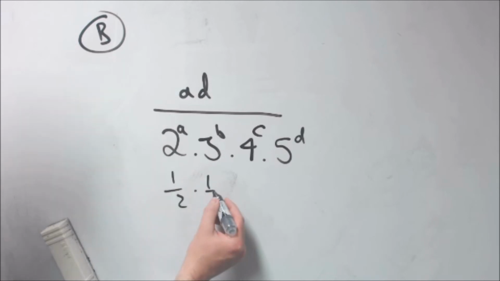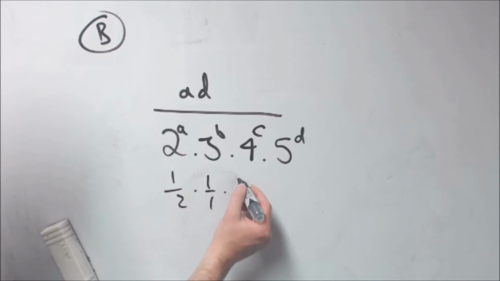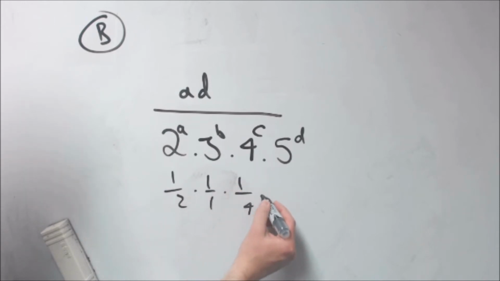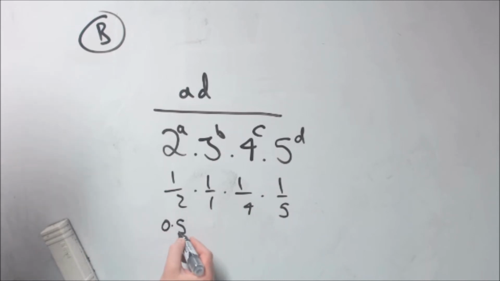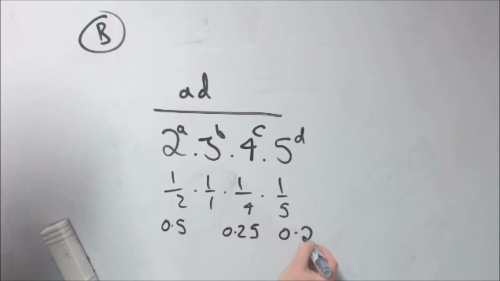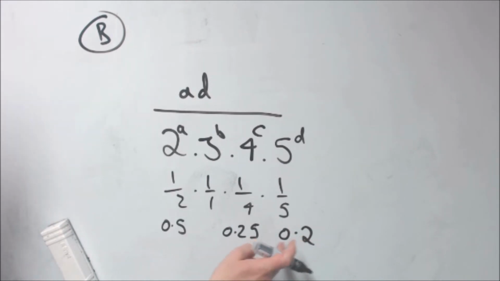0.5 if you like, or half. 3 to the power 0 is 1. A quarter, and a fifth. We'll turn that into decimals. 0.5, don't worry about the 1. 0.25. And then 0.2. Now, another way to think about this, imagine these were not decimals but actual integers. 5, 25, 2.